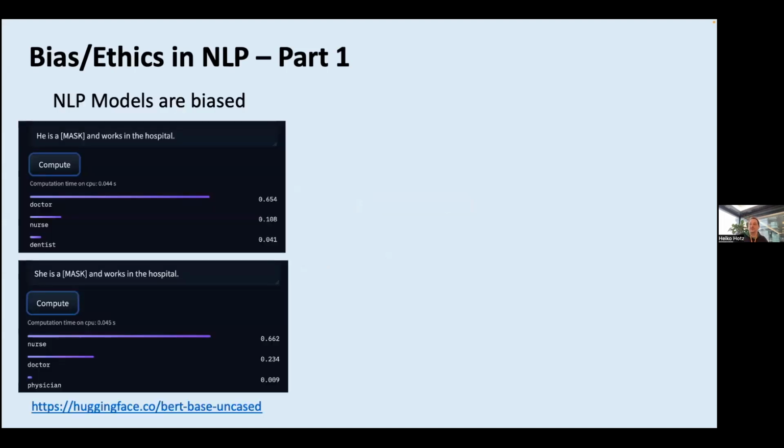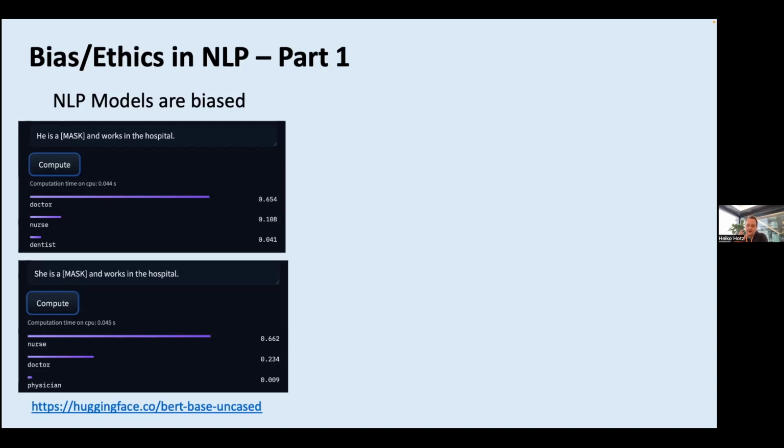So as I mentioned, NLP models are biased because the real world from which these models have learned is biased. And the way to see that is you can put into one of these models that is learned on something like mask filling.